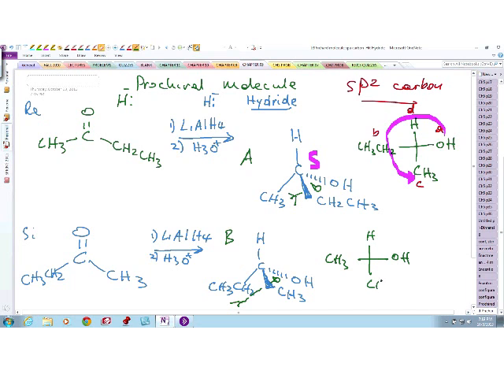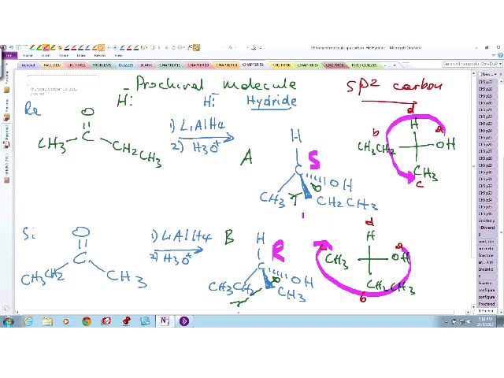Hydrogen on top. And what is the priority here? A, B, C, and D. So I'll make my motion. So that is clockwise. That means this is R.